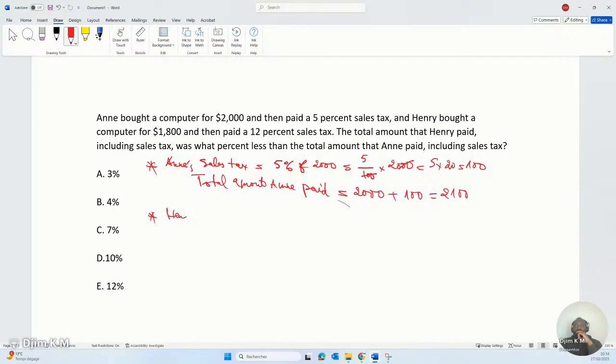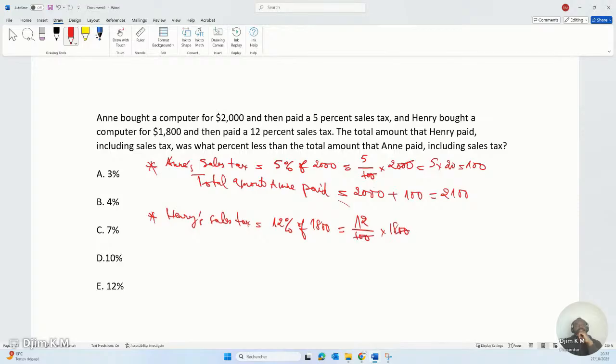For Henry, so we say Henry's sales tax is 12% of 1,800. Okay, so 12, 18.